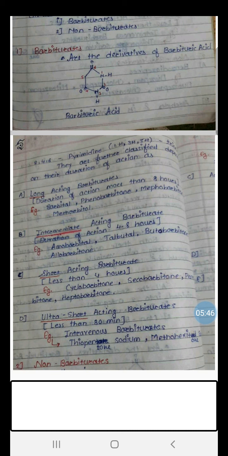And the last one is ultra short acting barbiturates, whose duration of action is less than 30 minutes. They are also known as intravenous barbiturates. Examples you can quote are thiopental sodium or thiopentone sodium and methohexital sodium or methohexitone sodium. Now, the next major class is non-barbiturates.